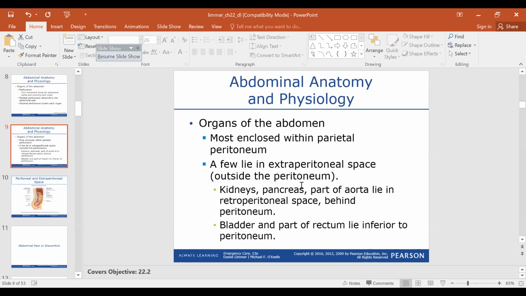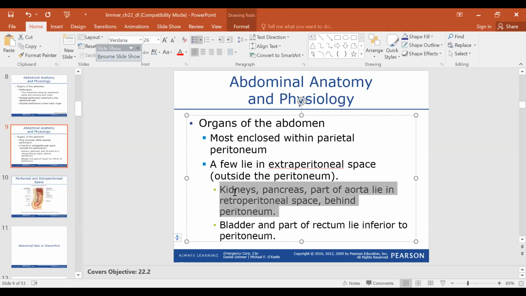So like I said, this membrane encloses most of the organs of the abdomen, most enclosed within the parietal peritoneum. A few lie in the extraperitoneal space, outside of the peritoneum, and these are the ones that do lie outside of the peritoneum.